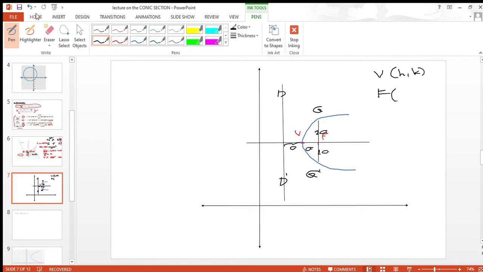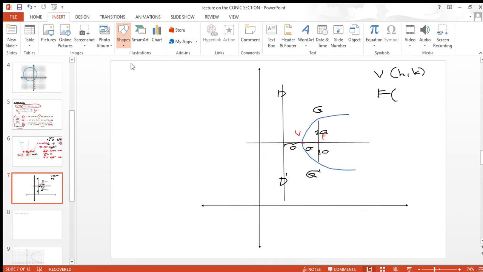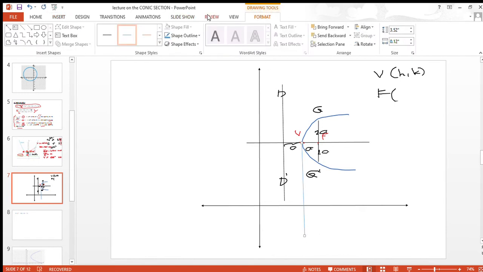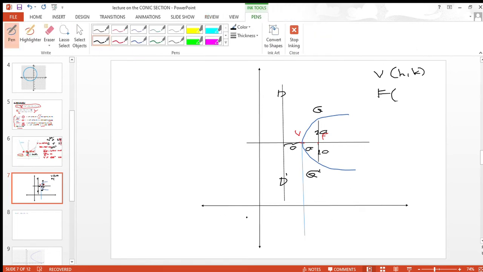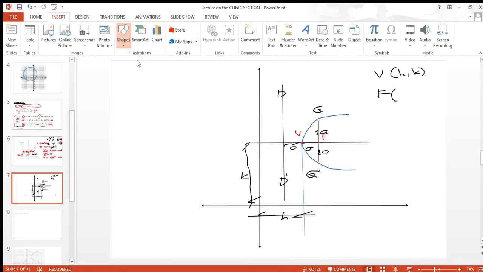We know the coordinates of the vertex are the value of h and the value of k. Therefore, for the coordinates of F, what will be the abscissa of F?